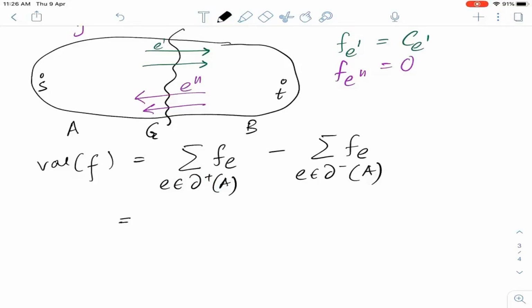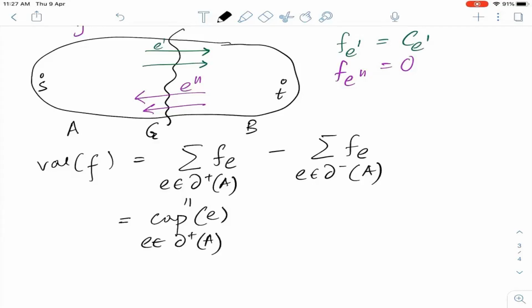I have proved that for all the green edges, the flow is exactly equal to the capacity of the edges. They are completely saturated. So this part is equal to this part: the capacity of e where e belongs to delta plus of A.